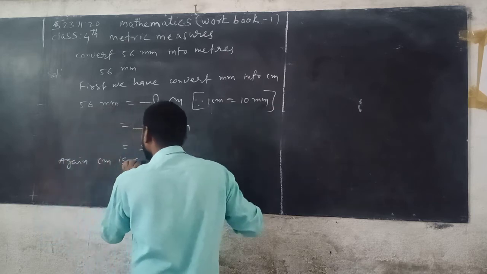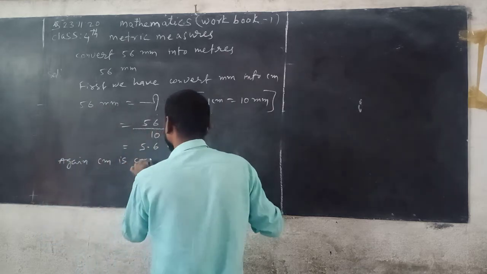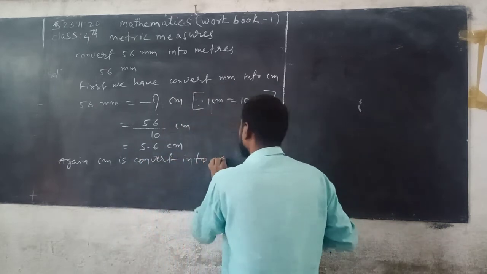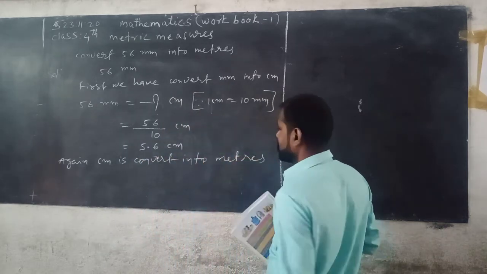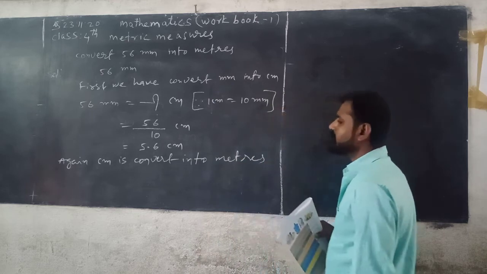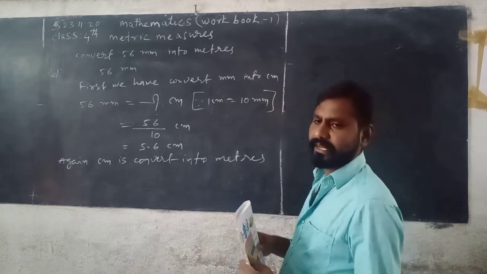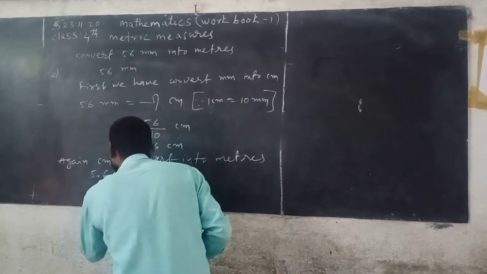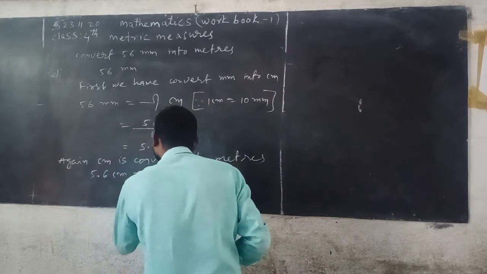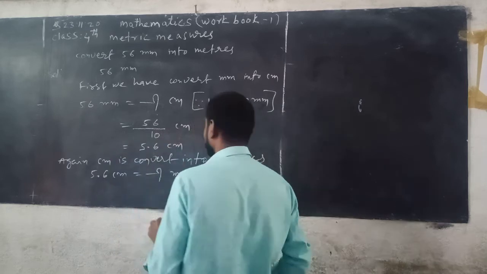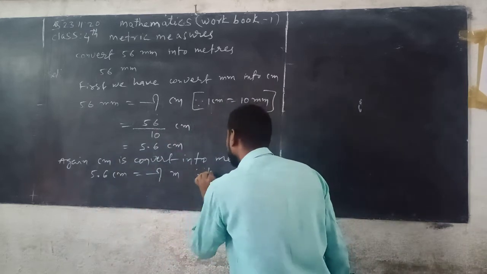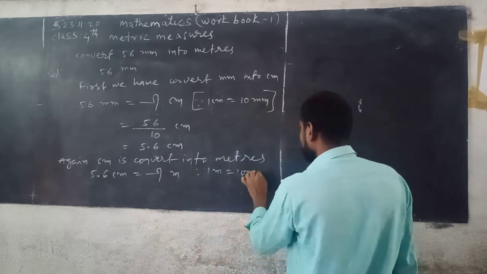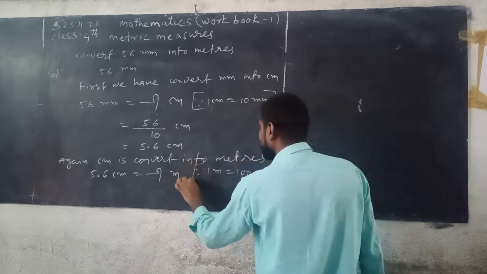Again, centimeter is converted into meter. See here, 1 meter is equal to how many centimeters? 100 centimeters. 5.6 centimeter is equal to how many meters? Here, 1 meter is equal to 100 centimeters.